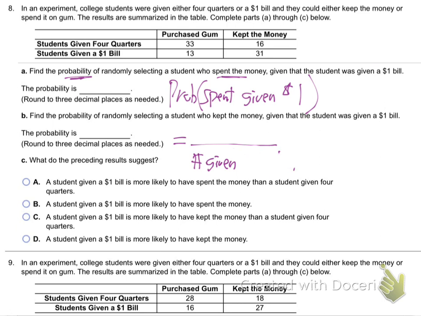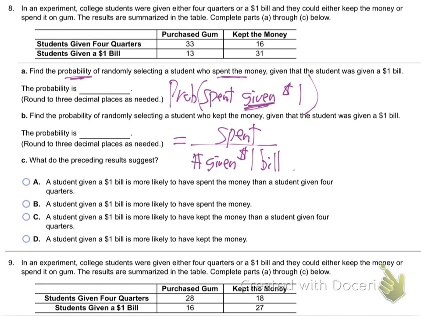So the denominator is going to be the number that we're given the $1 bill, and the top is the number that spent it. Whenever you're given information, like when I gave you a number higher than 4, that limits the possibilities. That limits the denominator, doesn't it?